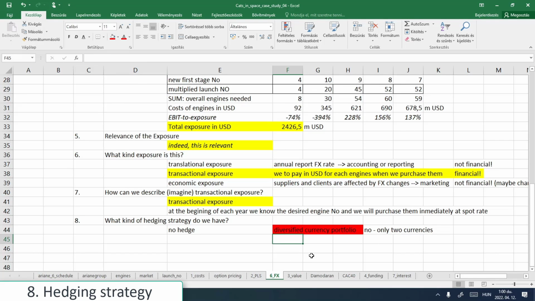Okay, other cases of no hedge: the size of exposure is irrelevant. And we can say that's not so, because $2.5 billion US cannot be considered small.